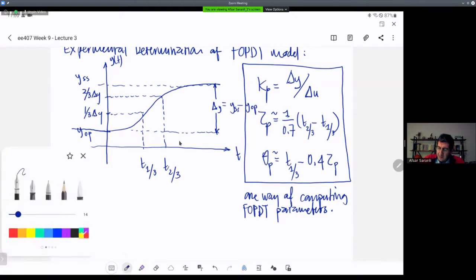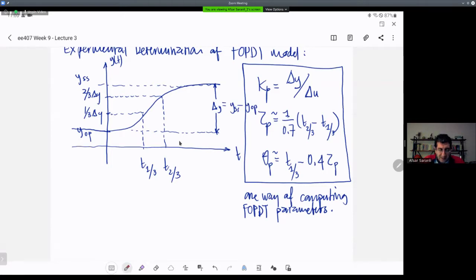Bu arada literatürde, so there is another way of calculating time constant in the literature as well, which is equally valid, okay?